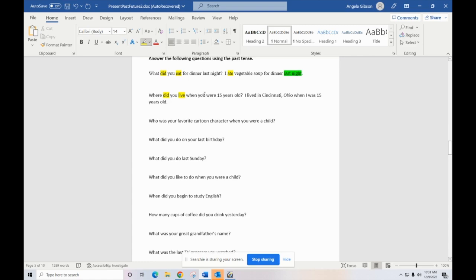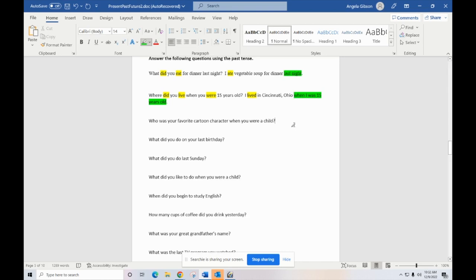If we have more verbs in the sentence, we also have to put that in the past tense. Okay. My answer, I lived in Cincinnati, Ohio. When? When I was 15 years old. So that's the time in the past in this sentence. I'm not 15 now. So when I was 15 years old, that's the time in the past.